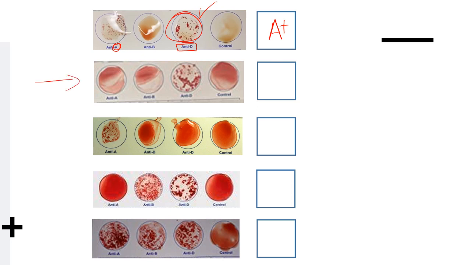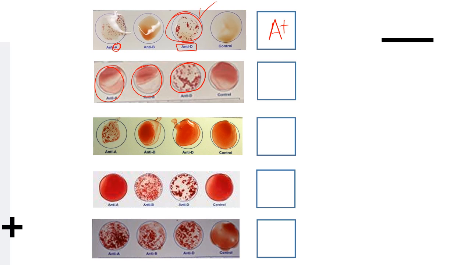Let's look at this example. There's no reaction here, there's no reaction here, but there's a reaction right here. When patients do not have any reactions, that means that the red blood cells do not have any antigens.